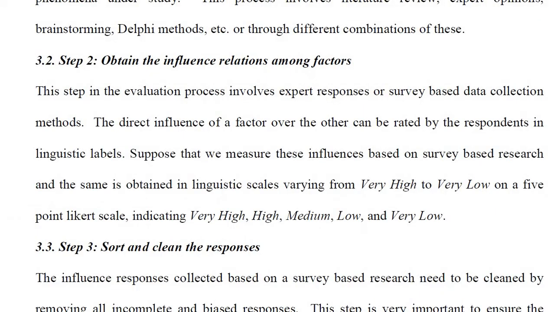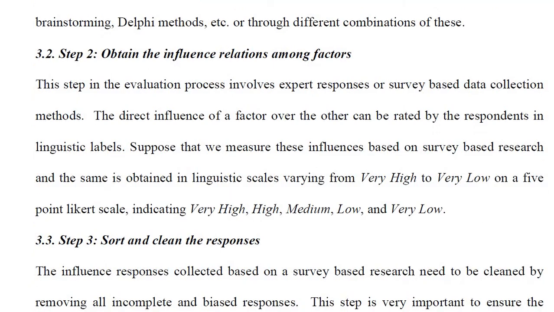You can see if responses are critically biased, or if a person is giving only a value of 1 or a value of 3 for all the influences, so you can clearly understand that there will be a bias. It is better to remove that kind of response at an early stage, because otherwise it will affect the entire process. Next is the influence relation among the factors we are obtaining.